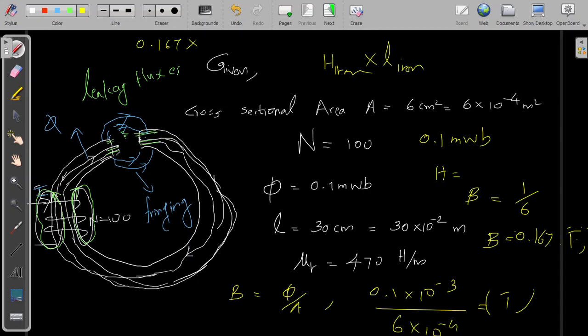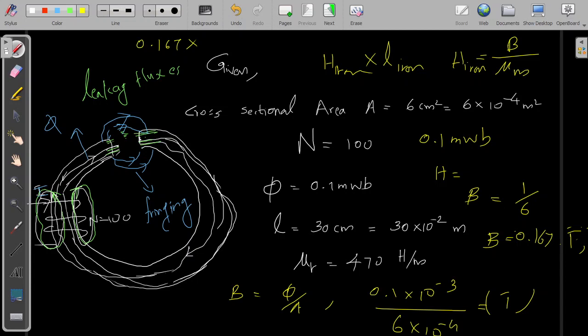So B we have got. Now you have to find out H iron. To find H iron, we have the relation B is equal to mu 0 mu r H. So H will be equal to B divided by mu 0 mu r.